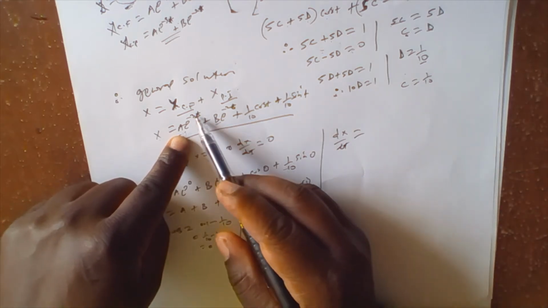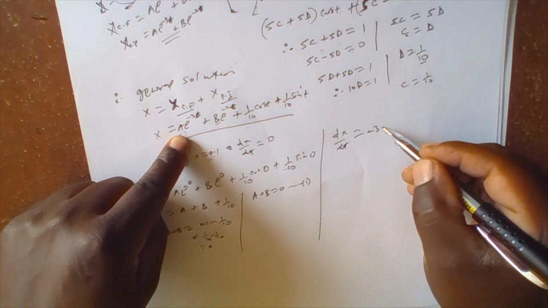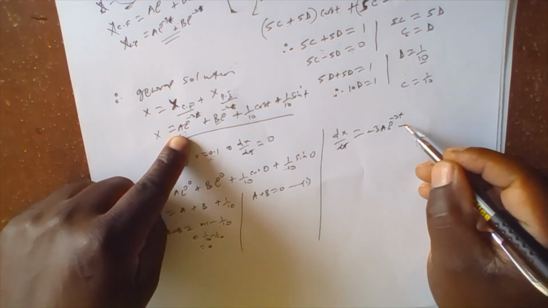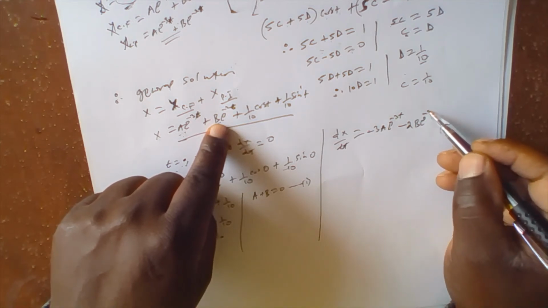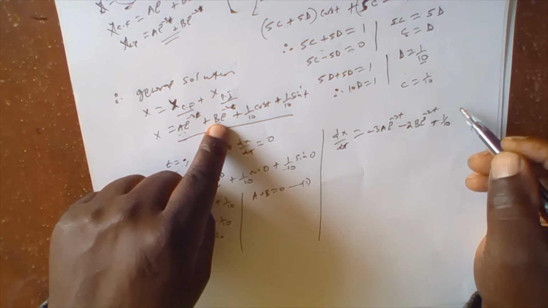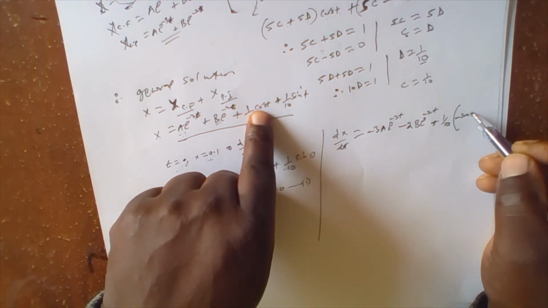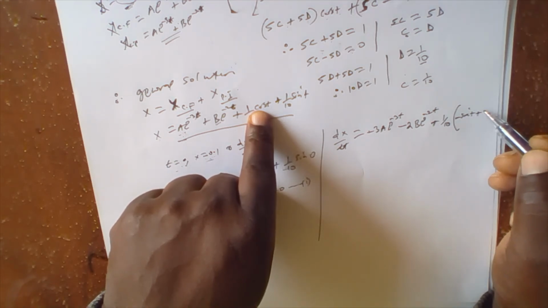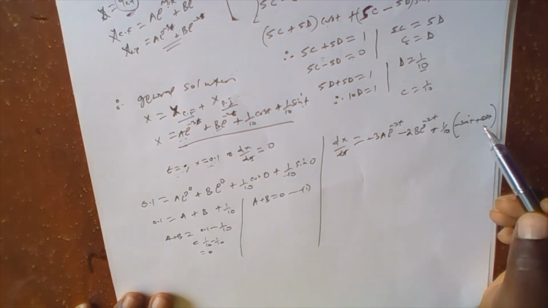So when you differentiate this equation, when you differentiate exponent minus 3t, we shall get minus 3a exponent minus 3t, then minus, when you differentiate this, we get 2b exponent minus 2t, and then plus 1 all over 10 into, when you differentiate cos t, you get minus sine t, and then plus cos t when you differentiate sine t. So this is what we have when you differentiate the equation.